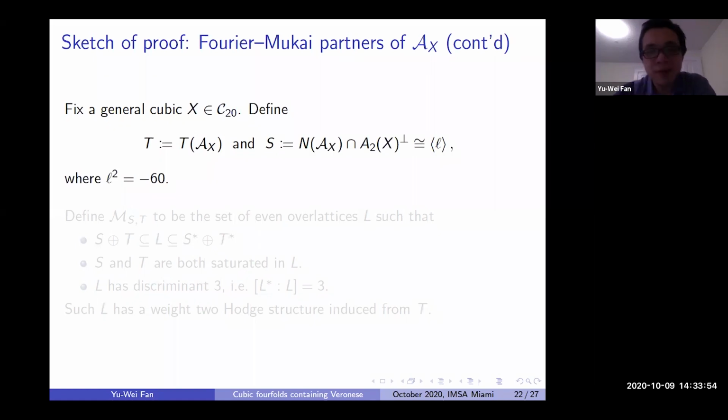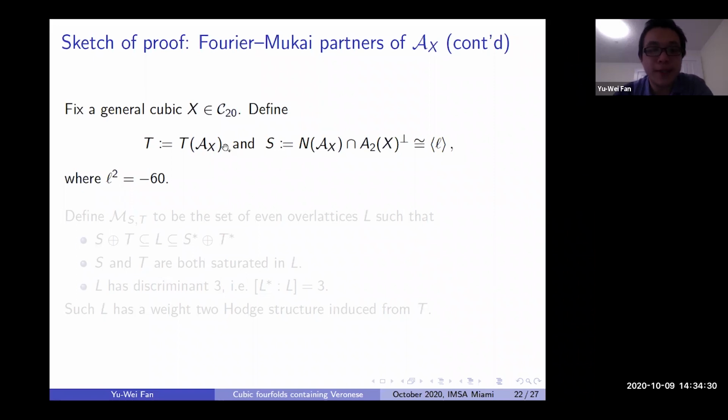We define T to be the transcendental lattice, and S to be this intersection. It turns out it's a rank 1 lattice where L squared, the self-intersection, is -60. The analog of these two lattices in the K3 case is this, the transcendental lattice, and this, analogous to the Néron-Severi lattice of a K3 surface.